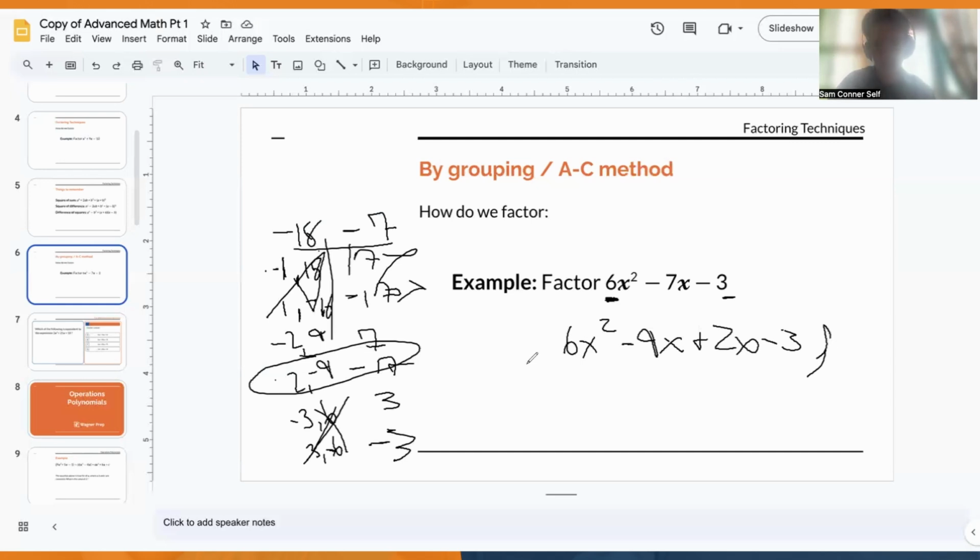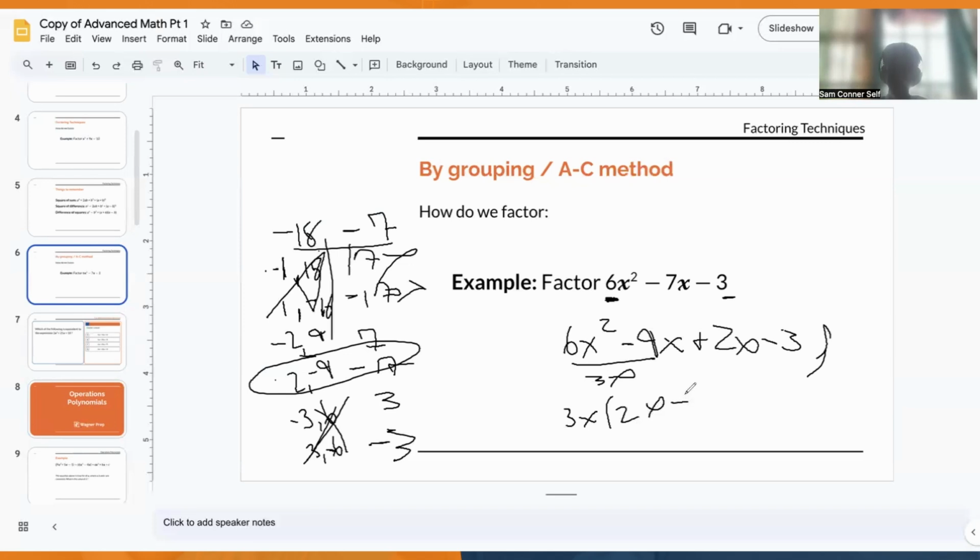Right, and then just dividing these out. So for this, we can divide this by 3x. That's a common factor, so this is going to get us 3x times 2x minus 3, which we see is this factor over here. There's no other, this is simplified. There's no other way to divide 2x minus 3.